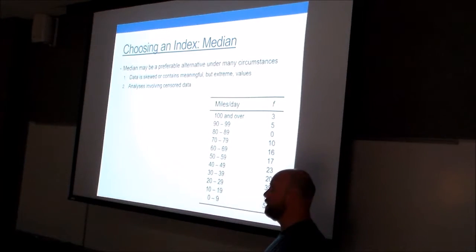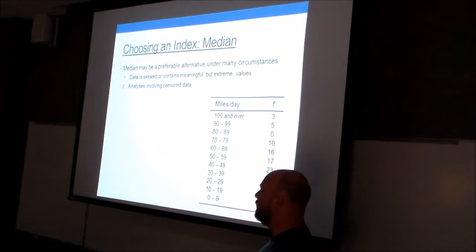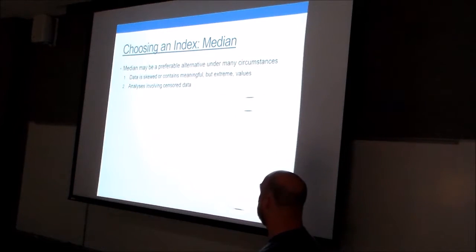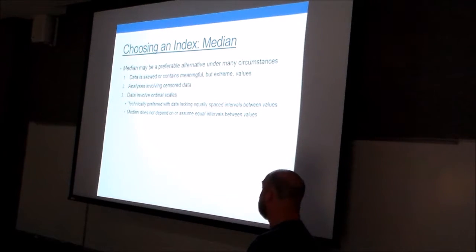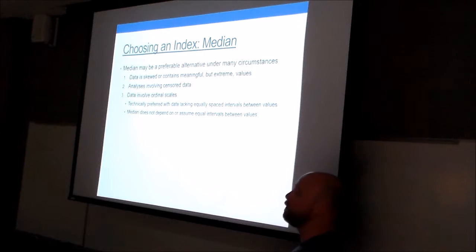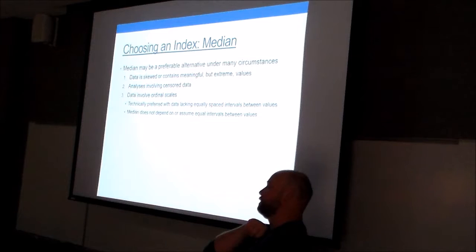We just capped it at 100. It's impossible for me to calculate a true mean unless I have access to those data. So in censored data, medians are going to be more appropriate. And then technically, data involving ordinal scales. Okay, what are the characteristics of an ordinal scale? Morgan?